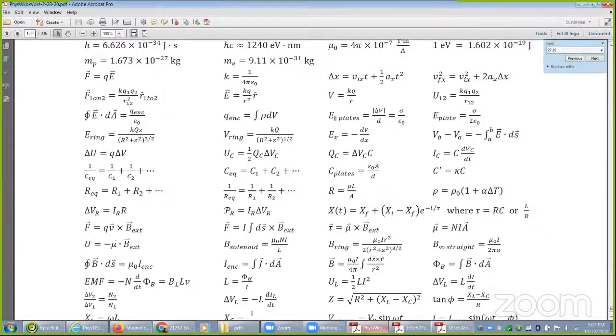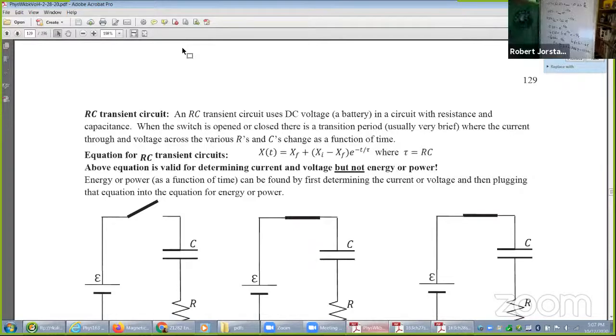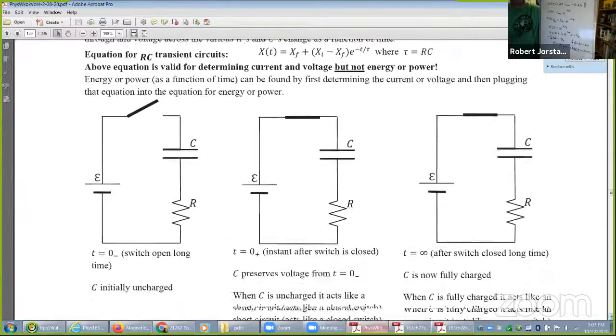Okay. Good question. Alexis asked in the chat, if the battery has internal resistance, does tau change? So let's think back here. This is what happened in our circuit, right?